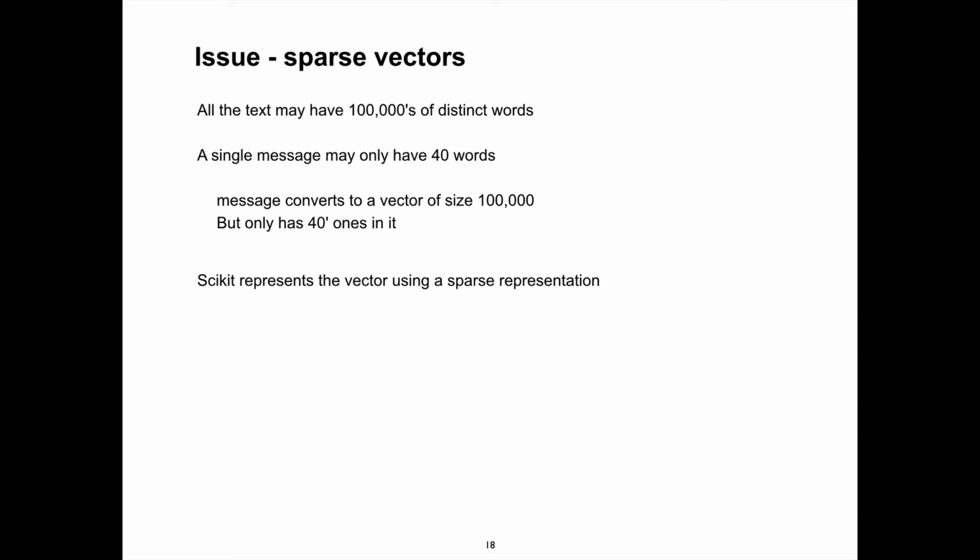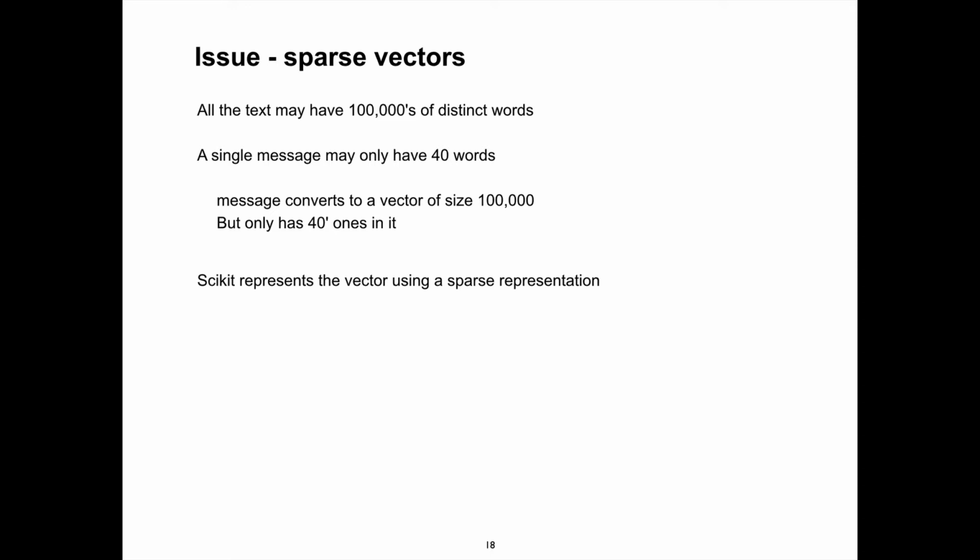But the problem is, a particular sentence or particular review is not going to have all the words in it. It's going to only have a few of the words. And so when you create this 3,000 dimensional matrix, there's only going to be a few ones in it. And if you've got lots and lots of reviews, that takes a lot of space. And so we want a sparse representation of that, right?